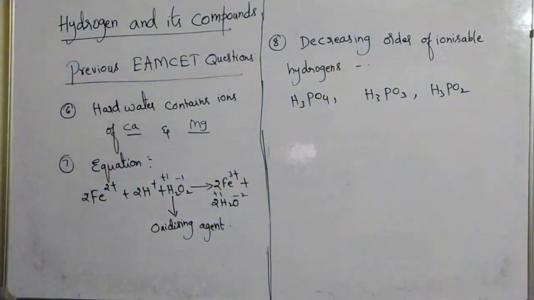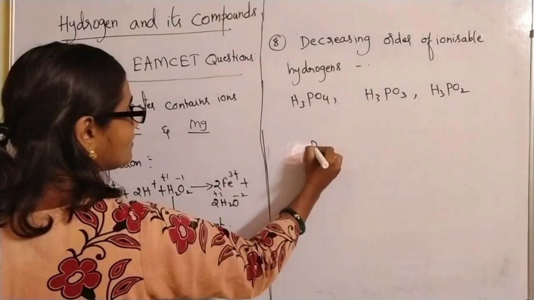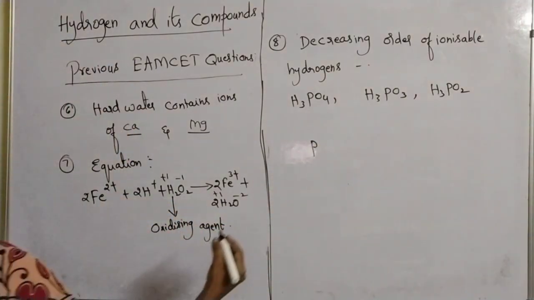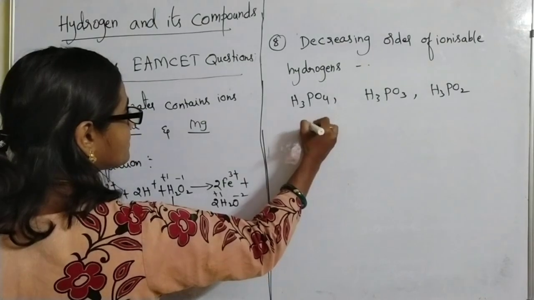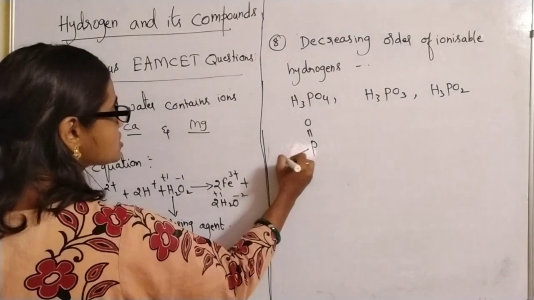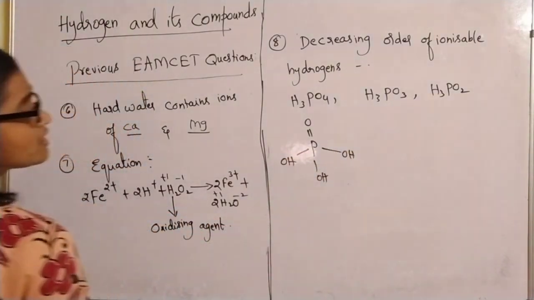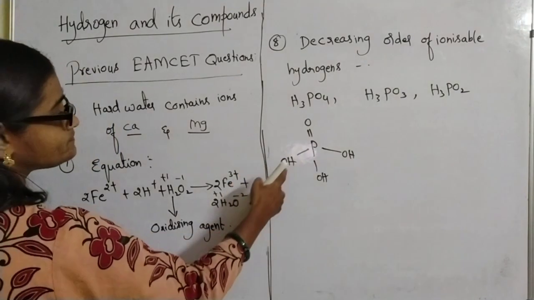Let me show you the number of ionizable hydrogens in each compound. Look at the structure of H3PO4. If you look at this structure, there will be 3 OH groups: P double bond O, one OH here and one OH here.